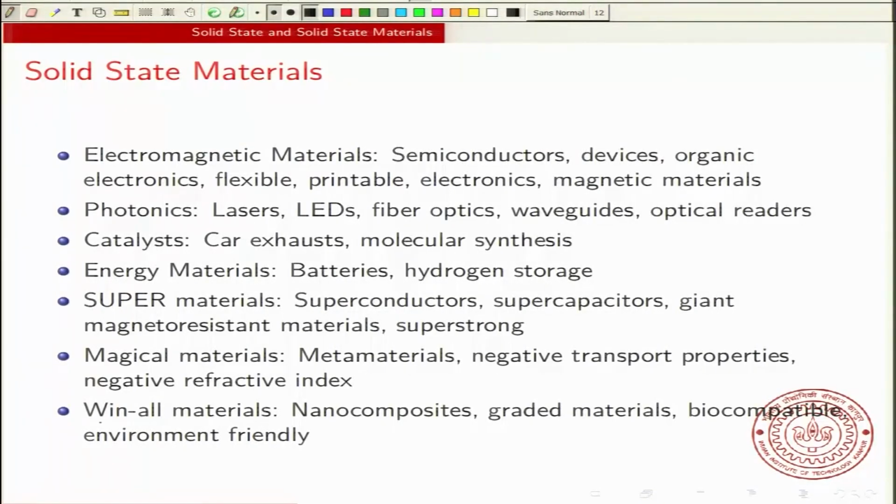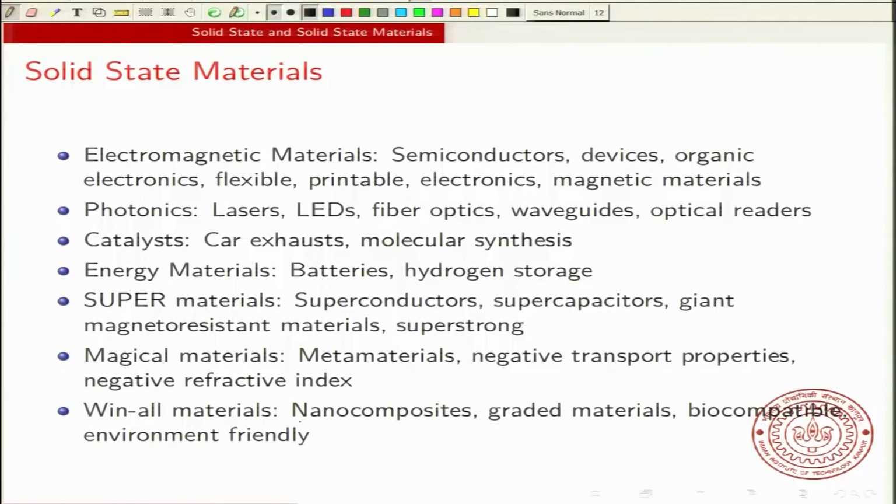Another example, in the same class as metamaterials, is what I am calling a phenomenal material, which typically has more than one property that is very good. For example, you can imagine something that is both super strong and super light, which is not typically found.